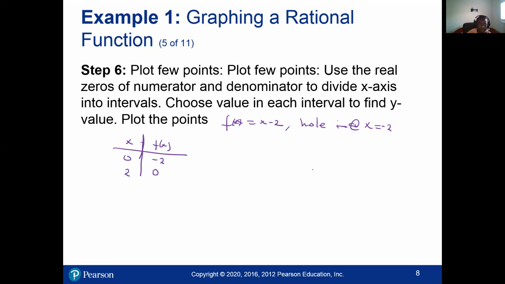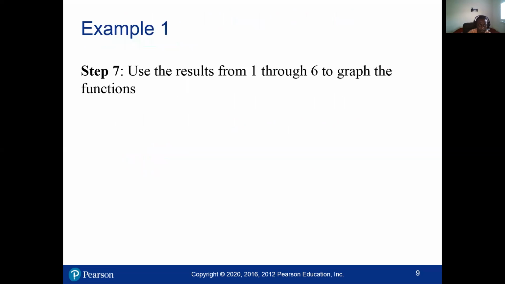So step 7, we're going to put all this together and then graph the function. All right. Well, we have f of x is x minus 2, and there's a hole at x is equal to -2. We have the x and y intercepts. So if you draw a line, we have x and y intercepts.